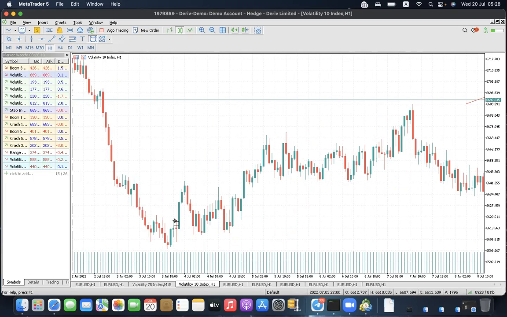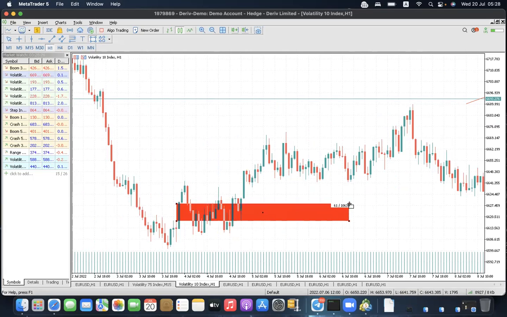And price came back in this area. Let me show you the gap first. There's a gap here. And then price came back, filled that gap, and then went up. This is based on a larger time frame.